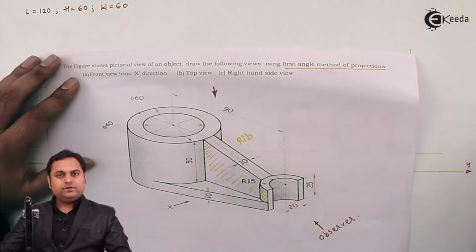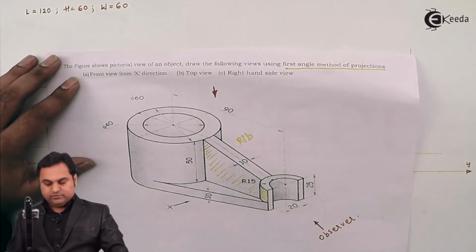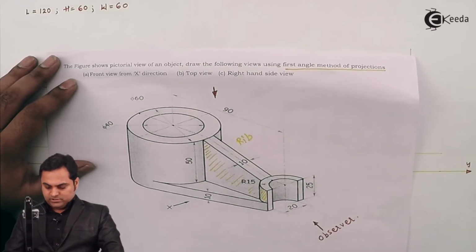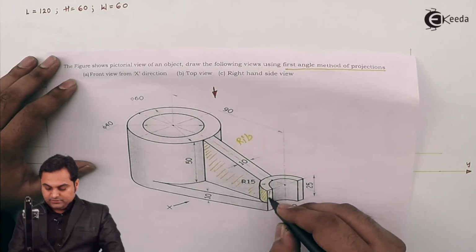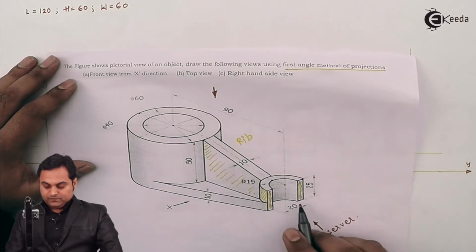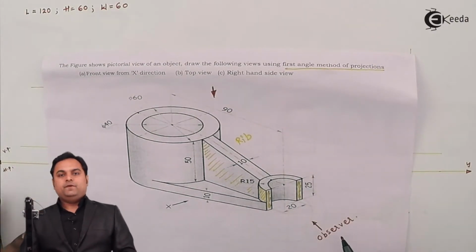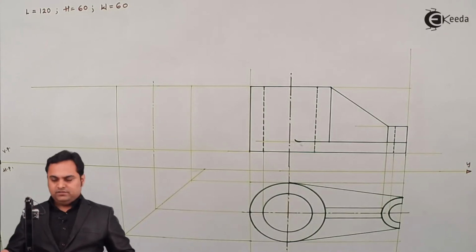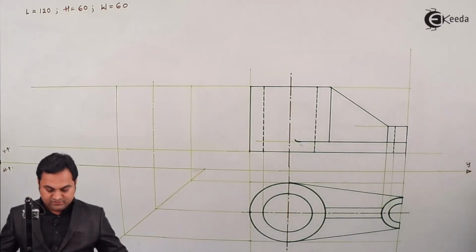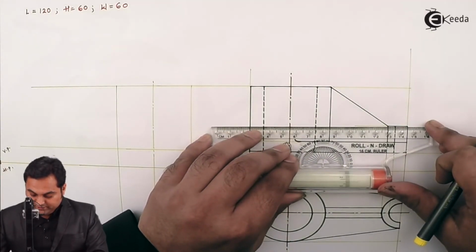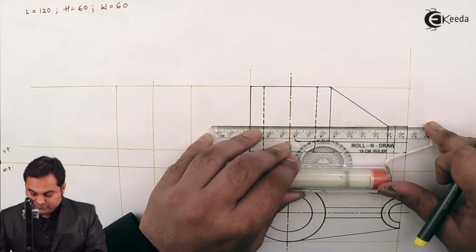Now, as an observer, when we are looking from the right side, the first things which are visible to us are these rectangles. So at first I'm going to draw these two rectangles. These rectangles have a height equal to the semicircular part. So projecting the height of those rectangles from the front view.